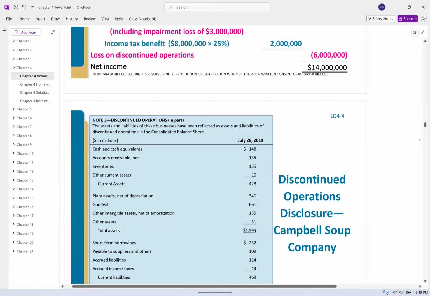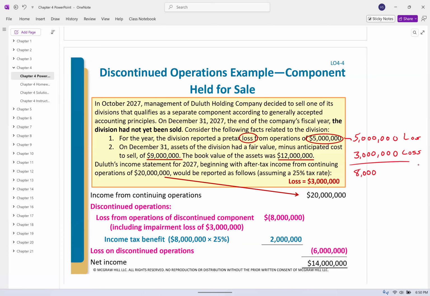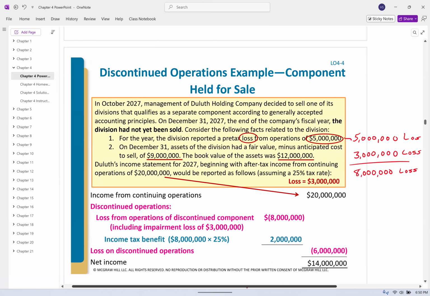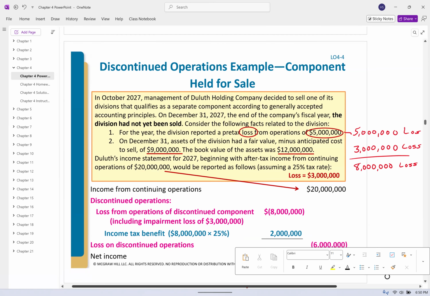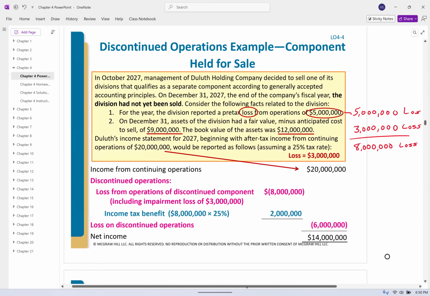Even though we haven't completely disposed of it yet, it hasn't been sold yet, we are still going to put that $8 million loss into our financial statements, again below income from continuing operations. We get a $2 million tax benefit on that. So it hits our bottom line of 6 million, brings our 20 million down to 14 million. Okay. And there can be a gain.